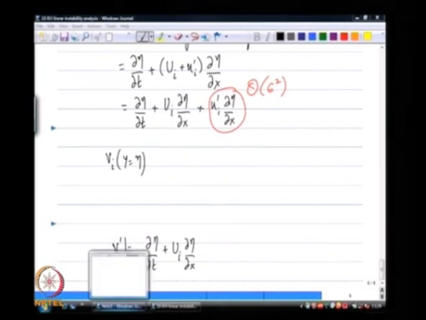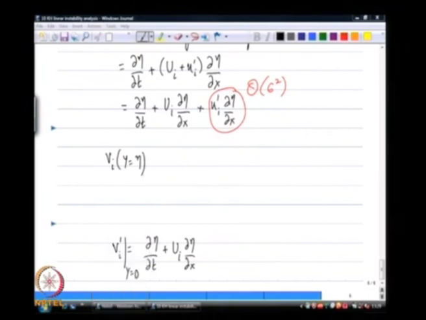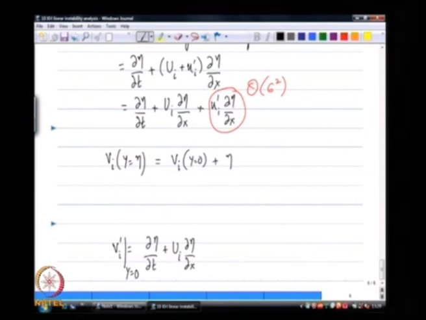Eta is the free surface itself. V I at y equal to eta can be written as V I at y equal to 0 plus eta times dV I dy evaluated at y equal to 0 plus, this is simply a Taylor series expansion.